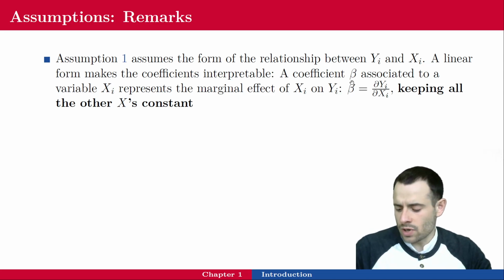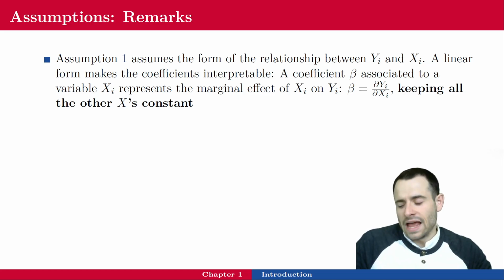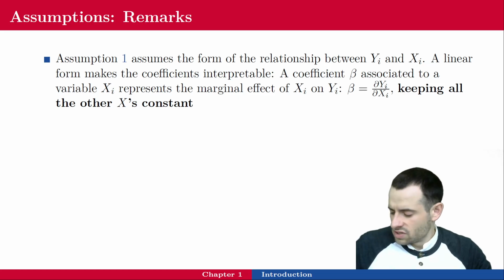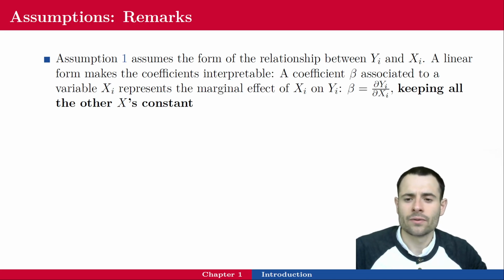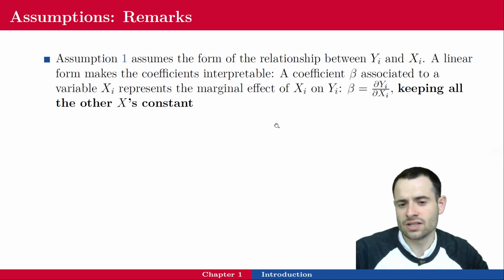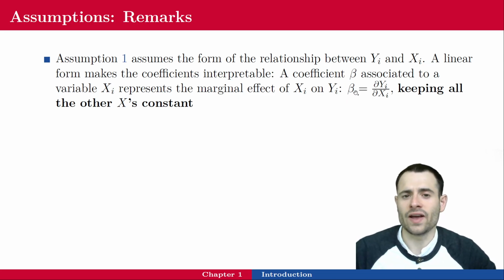So I am looking at somebody who's the same as before, but you increase his age by 1 year. Everything else is the same. He is still a smoker, same height, same weight, and so on. How is this going to affect y? This question will be answered with beta. So it's an easy interpretation of what we call the marginal effect.